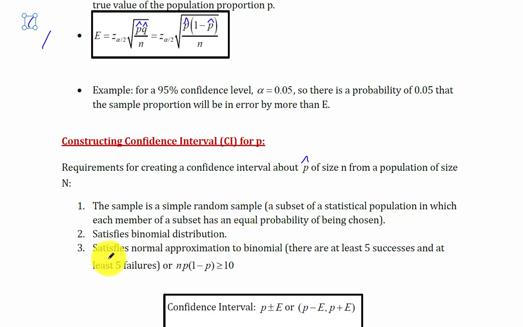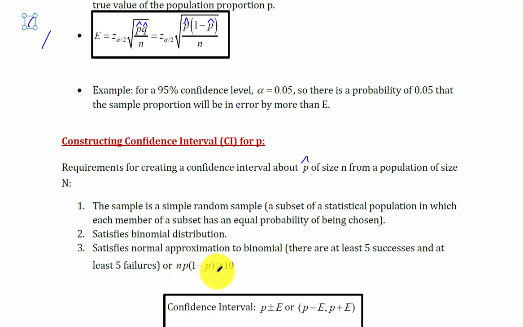And the third is that it also has to satisfy the normal approximation to the binomial. That means there are at least 5 successes and at least 5 failures. Or we can just use this inequality to check for the requirement: n times p times 1 minus p.